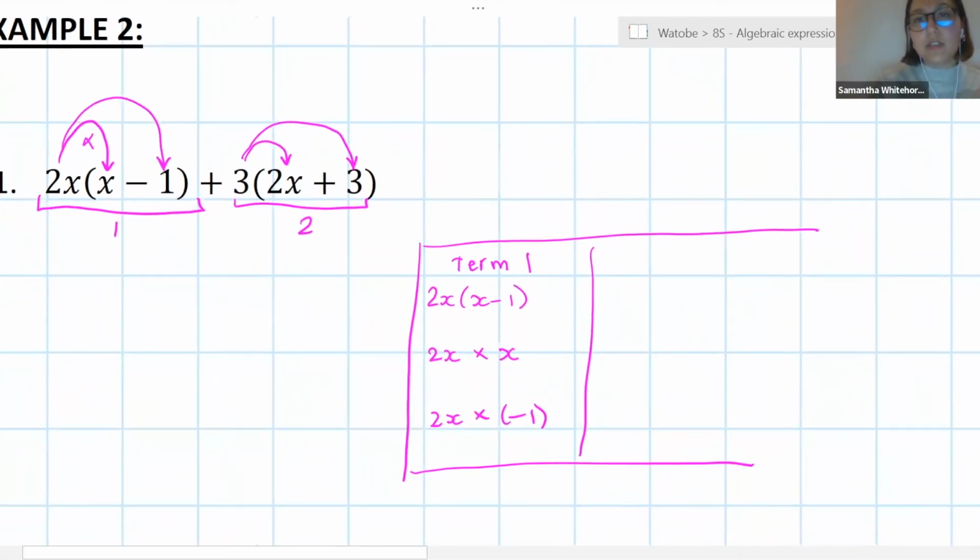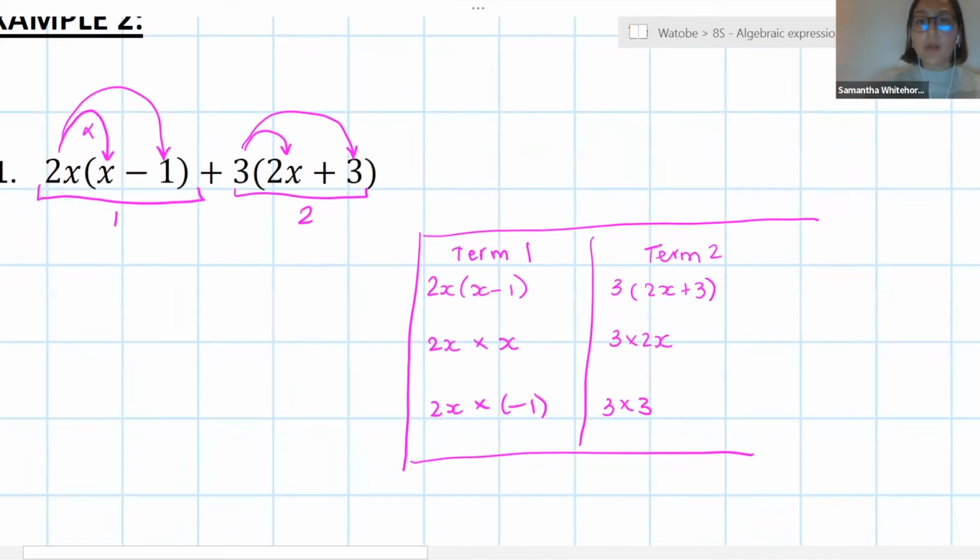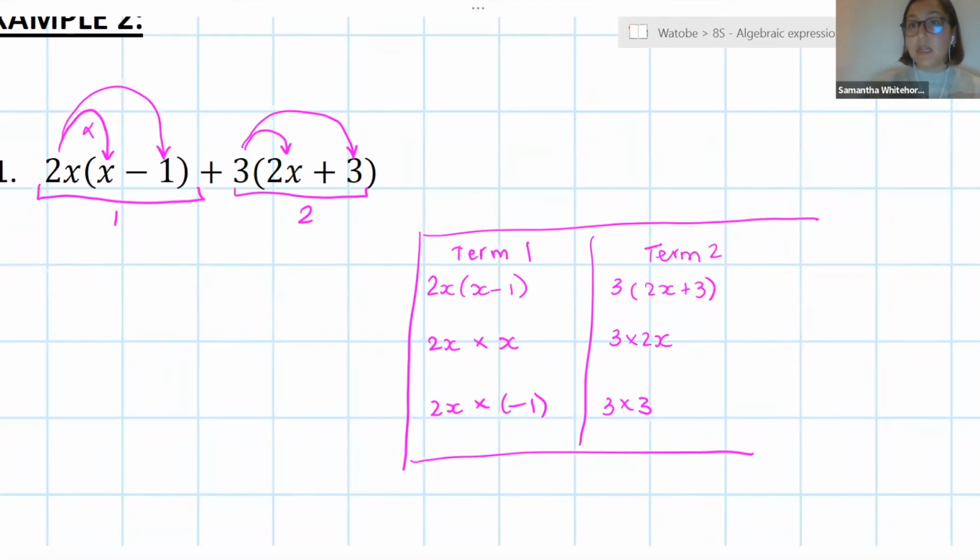If we look at what we're multiplying in term 2, it is 3 times 2x plus 3. So we're multiplying 3 times 2x and 3 times 3. So just be careful when multiplying that you're multiplying the correct values and that you're remembering your exponents as well in that multiplication step.